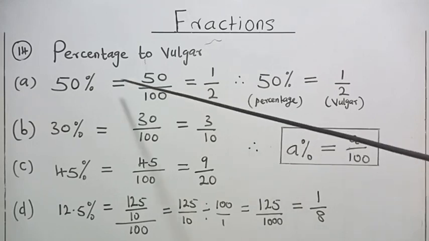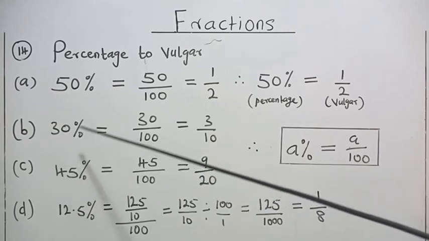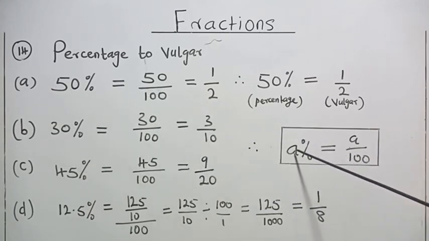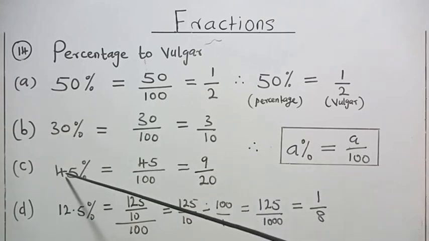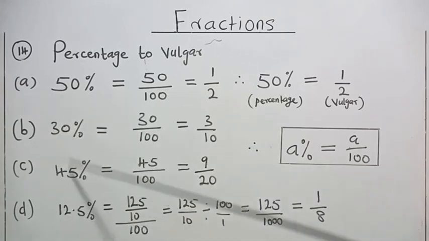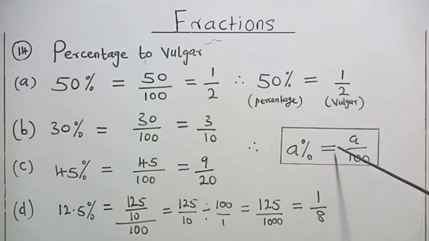So in the cases we have here, this A has taken the form of 50, 30, 45, and 12.5. Each of them in turn had become A. Therefore, A percent is equal to A over 100. When you get this A over 100, bring it down to lowest term if need be. That way you have converted percentage to vulgar fraction.